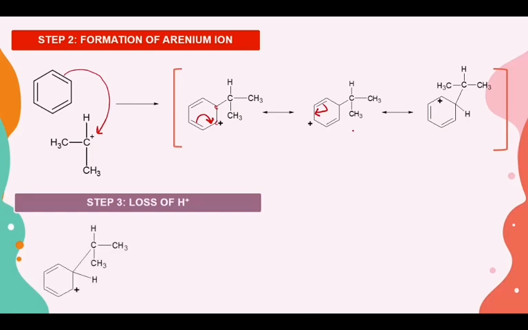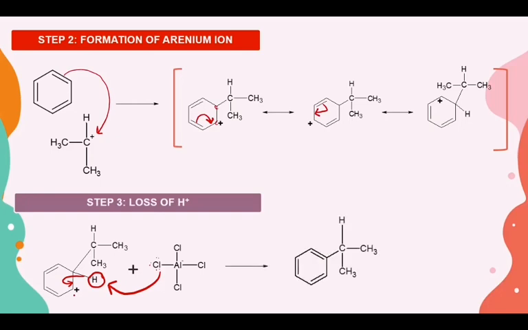The third step is loss of H plus. The H plus that will be lost is this H attached to the carbon neighboring the arenium ion carbon. What is involved in this step is AlCl4 minus from the previous step. The Cl that contains a lone pair here will attack this H, and this CH bond will break, 2 electrons will go to this side, and we will get back the CC double bond or conjugated double bond in our benzene ring.